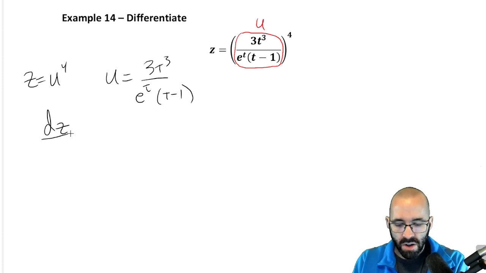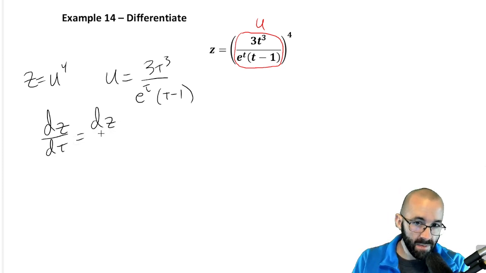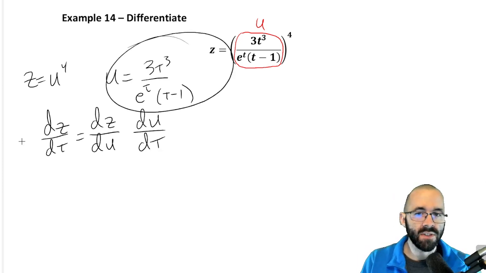So the derivative of z with respect to t is the derivative of z with respect to u times the derivative of u with respect to t. This derivative.